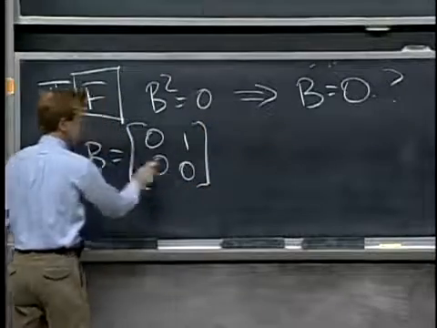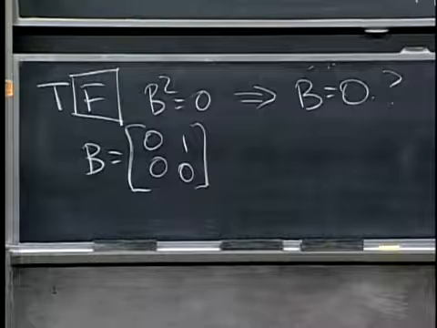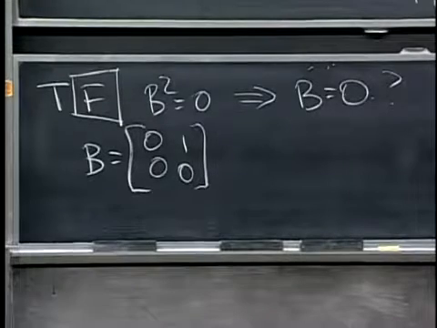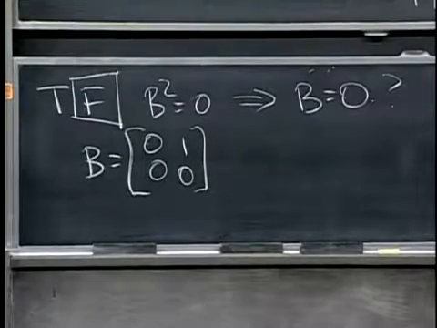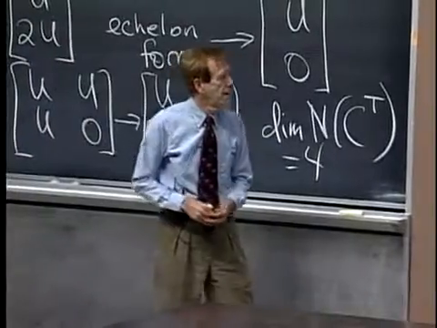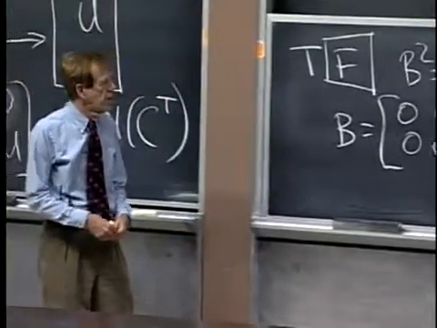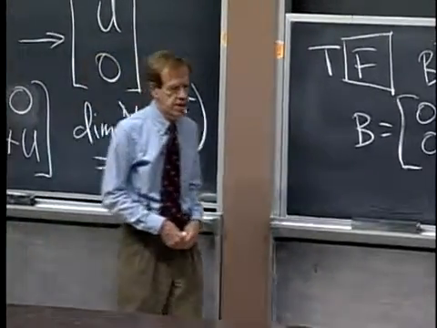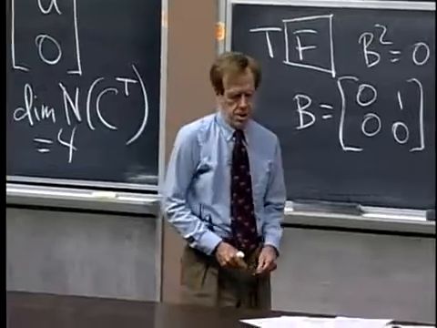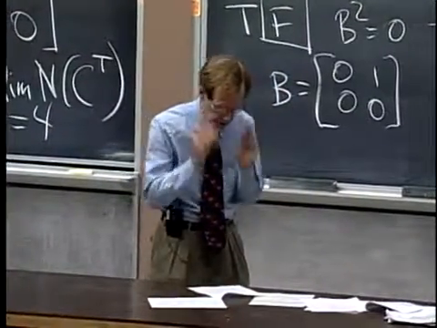That matrix is a dangerous matrix. It will come up in later parts of this course as an example of what can go wrong. And here's a real simple one: if I square that matrix, I do get the zero matrix.